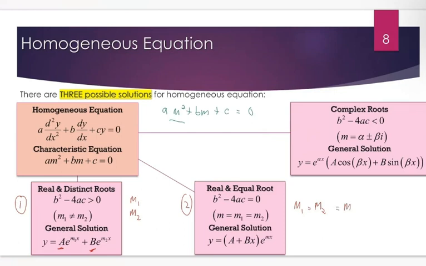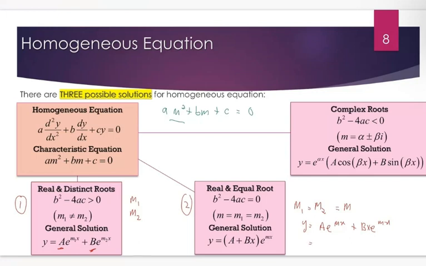So there is only one value for m, m1 equal to m2, which is equal to m. So the general solution, if you use this equation, will be a exponent mx plus b x exponent mx.